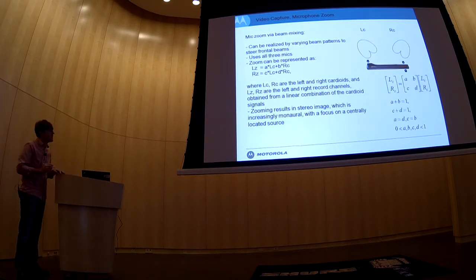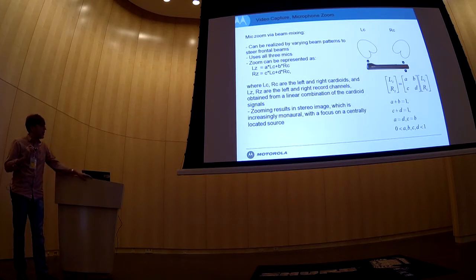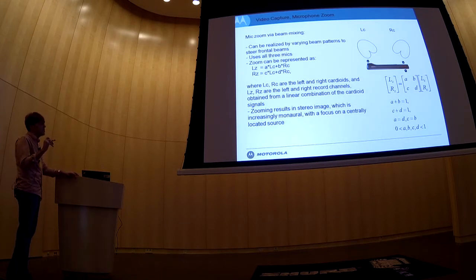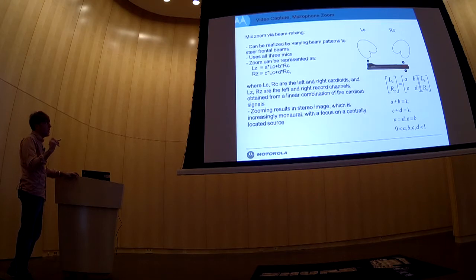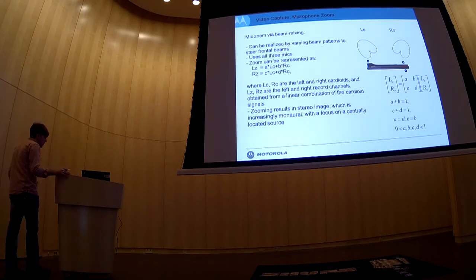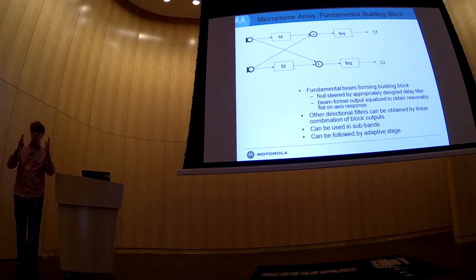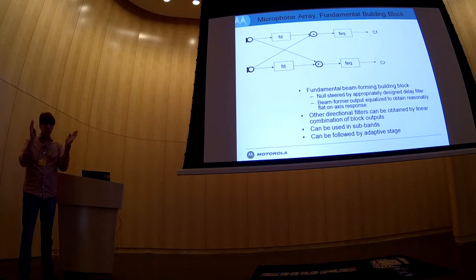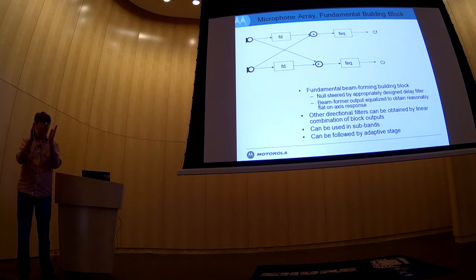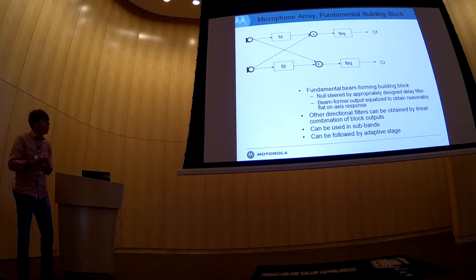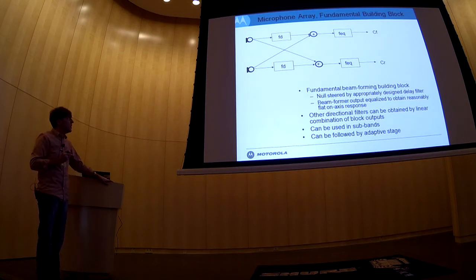Other neat tricks could be we could combine multiple, or two in this case, stereo signals, matrix them in this way, and produce a signal that as we zoom, in other words, as we synchronously change the field of the viewfinder of the camera, will become increasingly monophonic. And that happens to create a nice effect there.